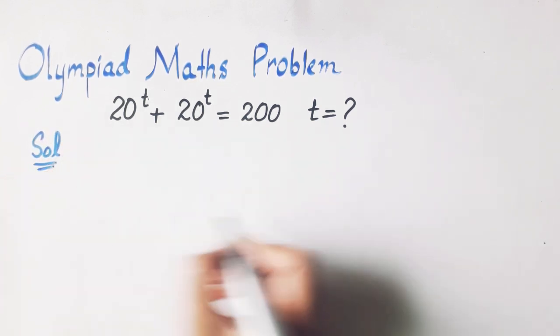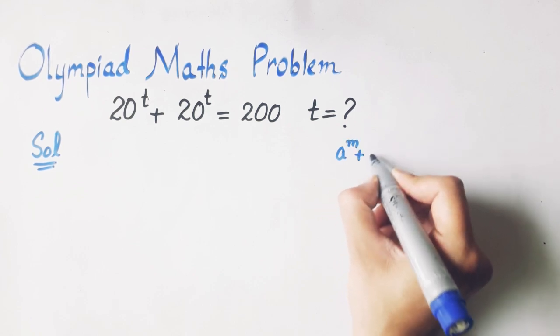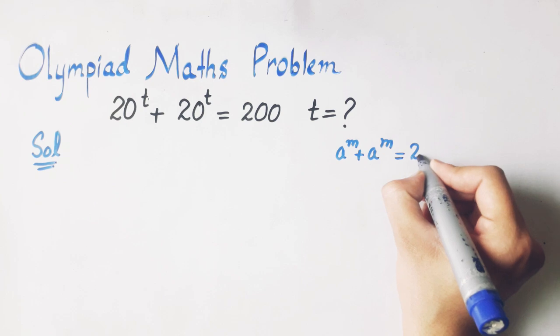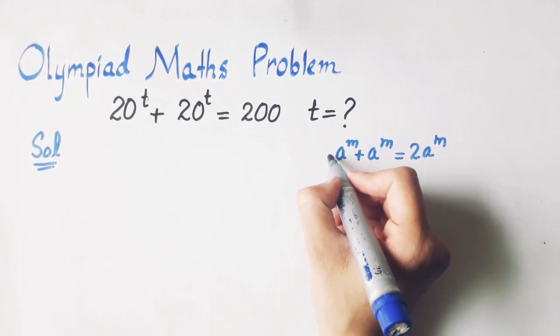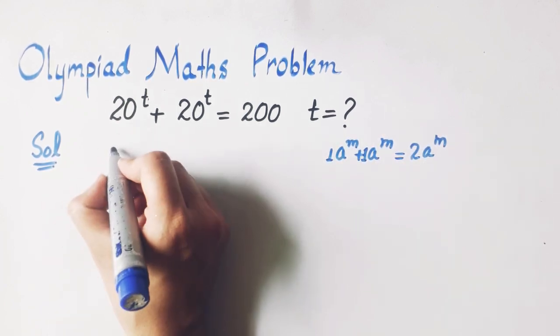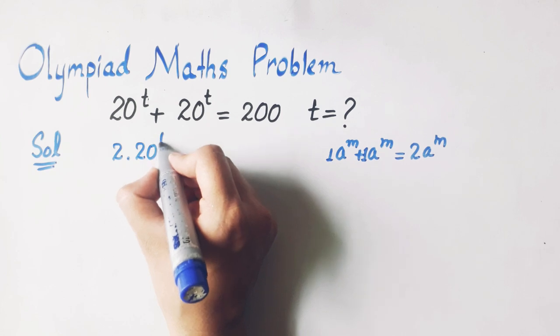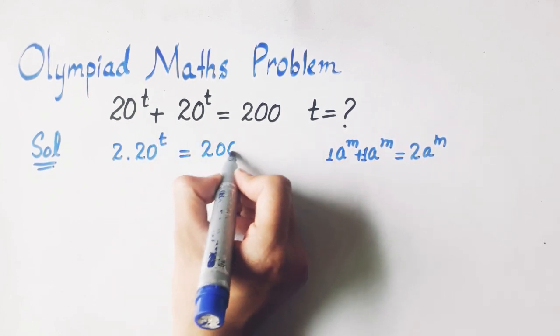first of all, if a raised to power m plus a raised to power m, this will equal 2 into a raised to power m, because the coefficient of this is 1 and this is also 1. Similarly, we have 2 into 20 raised to power t that equals 200.